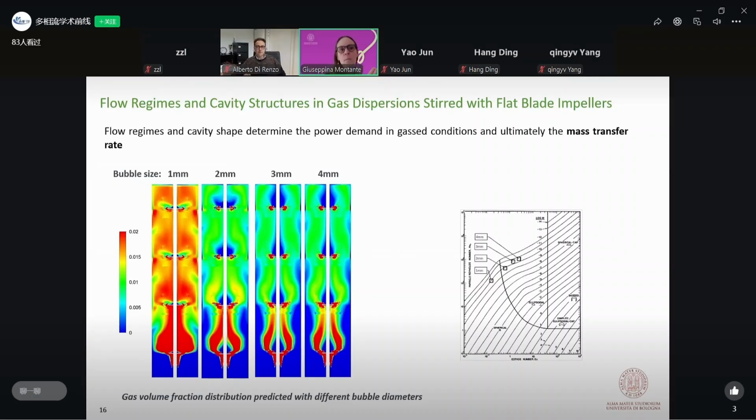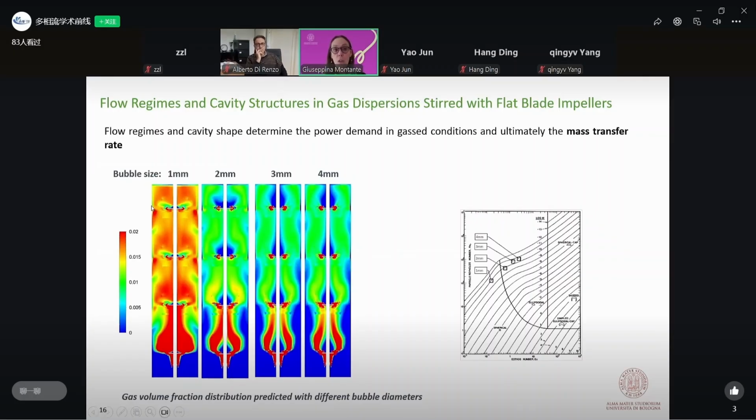If we assume 1 millimeter size, we have this distribution with a high volume fraction of the dispersed phase of bubbles in a slice of the reactor. If we go to 2 millimeter, the picture is totally different, and instead when we go to 3 and 4, the picture is totally equal to the case of 2 millimeter. Why did it happen? It's clearly because in this two-fluid model, we know that the drag and the turbulent dispersion force depend on the drag coefficient.